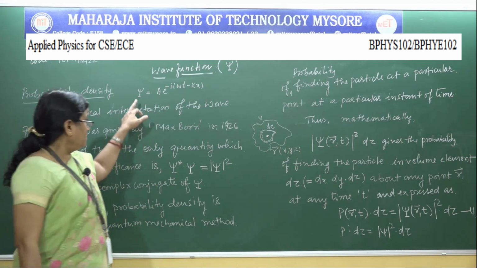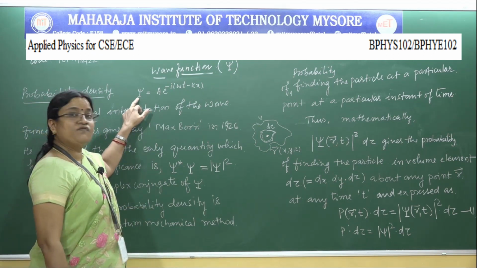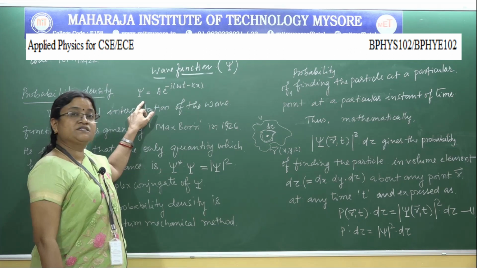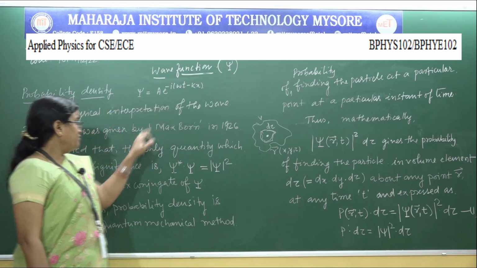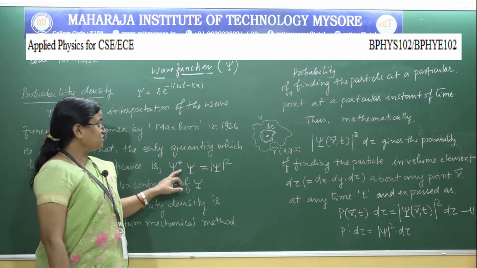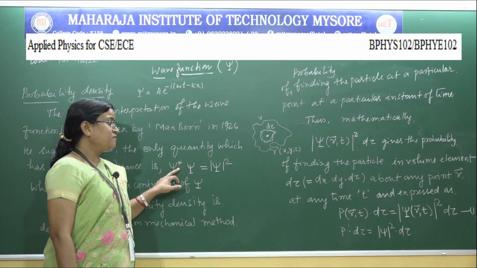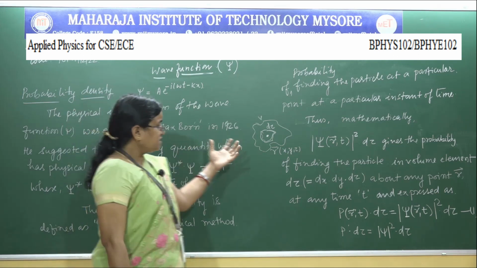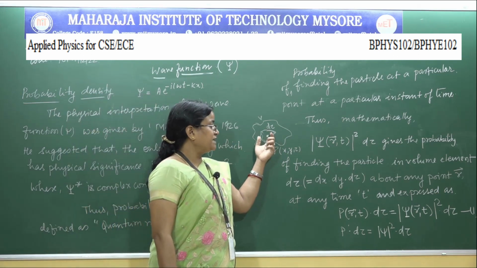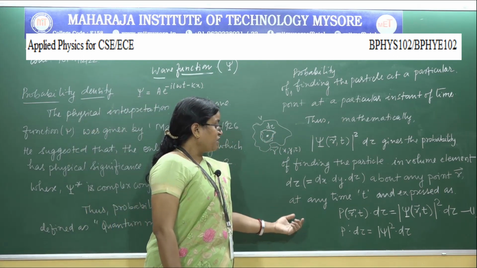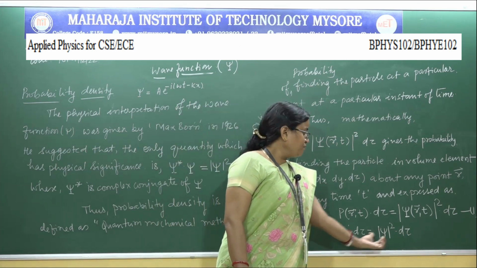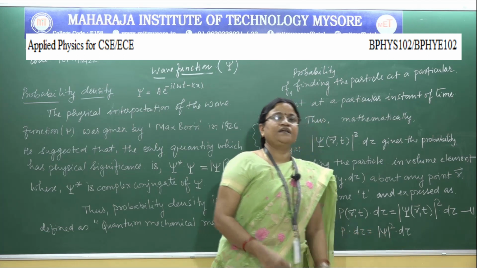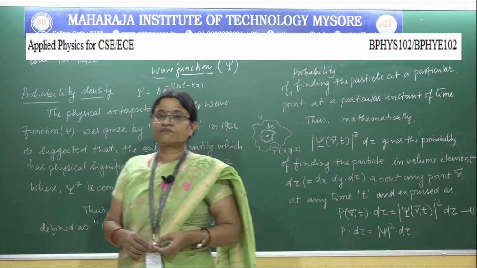So, psi alone does not have any physical significance, as it is a complex number. So, we have to multiply it by its complex conjugate, that is psi star. If we consider a small volume where the particle exists, then the probability of finding the particle will be equal to psi square d tau.